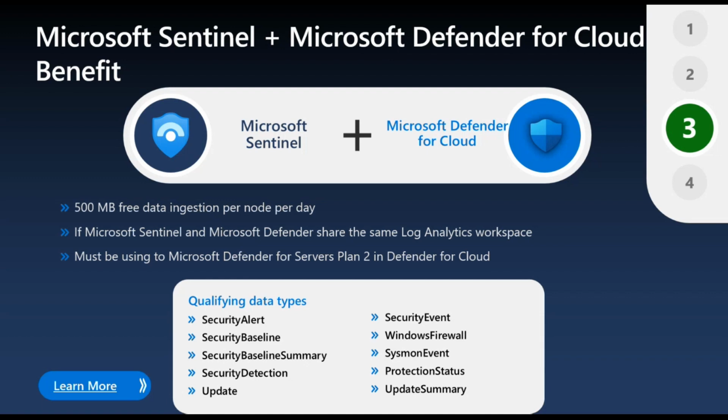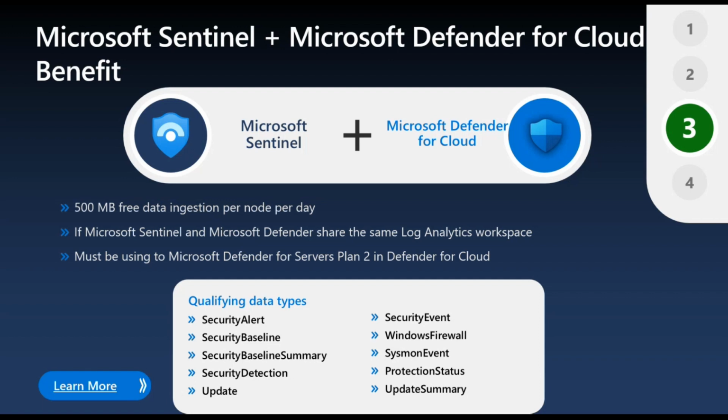Remember, you can manage servers in Defender for Cloud, in Azure, in AWS, in GCP, but also on premises. So you can apply the licensing of Defender for Servers Plan 2 through Defender for Cloud to your on-premises servers. And if you do that, then this licensing benefit applies to you as well.